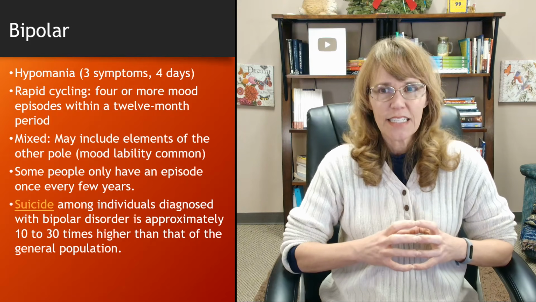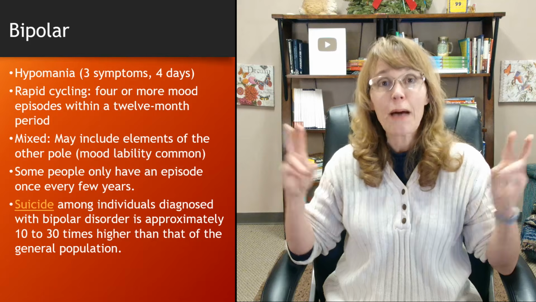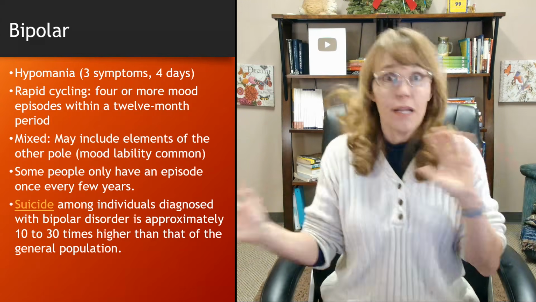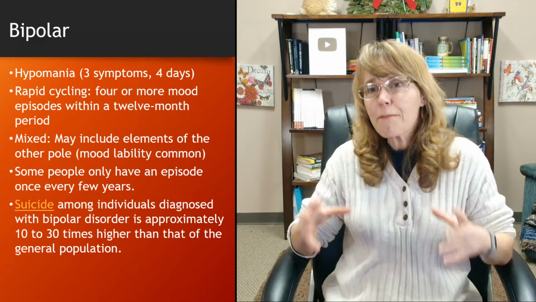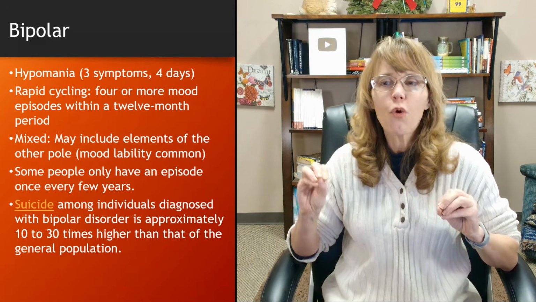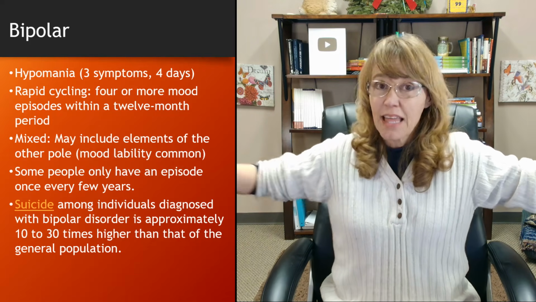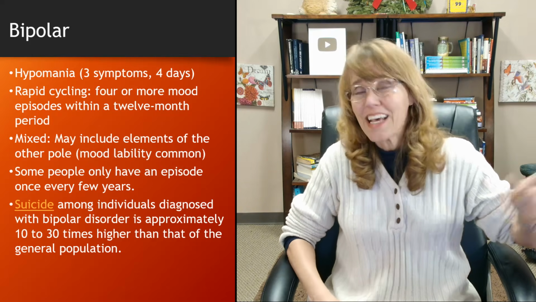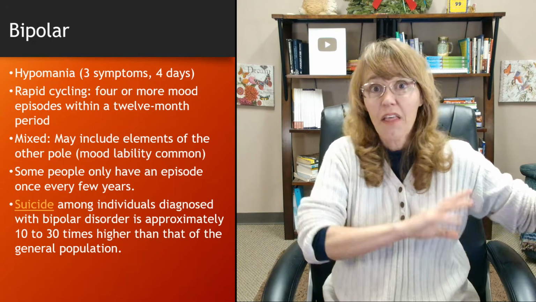Rapid cycling is something else we hear about a lot. And when somebody rapid cycles, it doesn't mean like every 30 minutes, which is a misconception that a lot of people have. Rapid cycling means 4 or more mood episodes within a 12-month period. This can be 4 depressive episodes. It can be 4 manic episodes. It can be any combination therein.